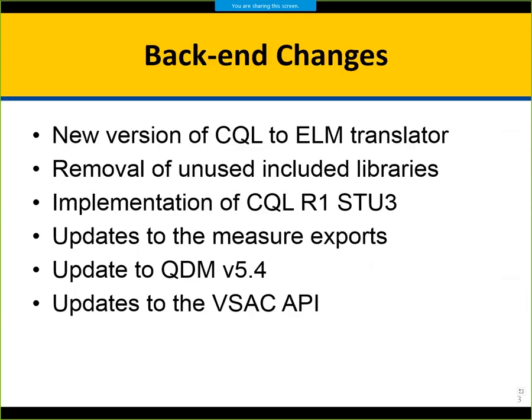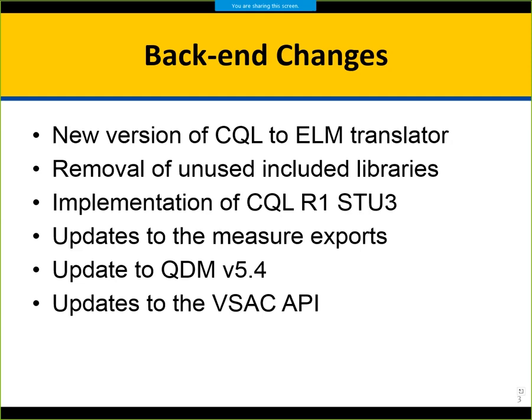During the last few months, the MAT development team has made several changes both to the behind-the-scenes operations as well as to the user interface of the MAT version 5.6. Here are some of the enhancements we have made to the tool that may not be as obvious to our users. We have incorporated a new version of the CQL to ELM translator.